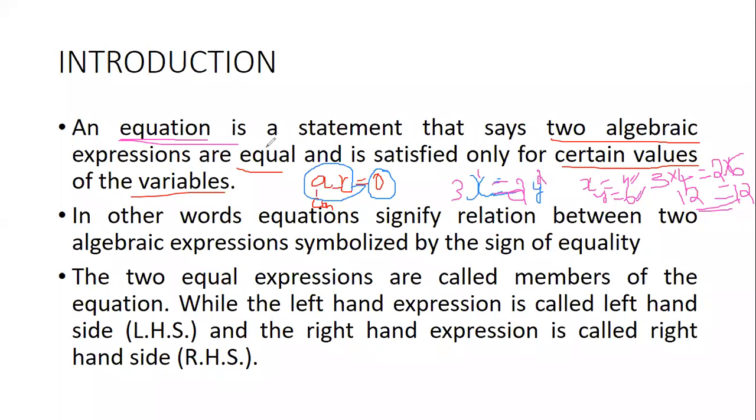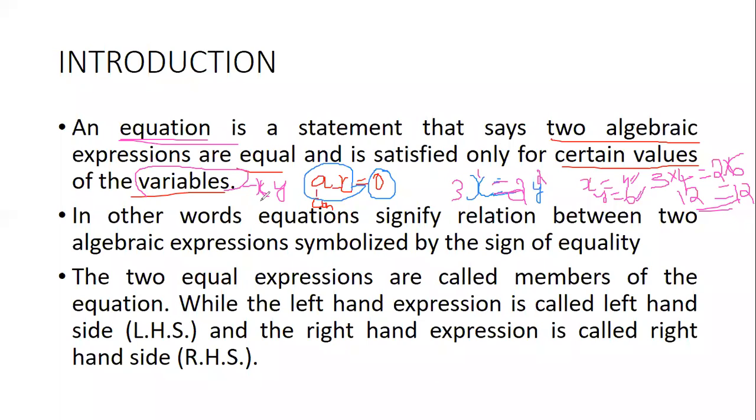So what we have to do is make sure that the equation is equal, and many times we are asked to find the value of the variables. Variables may be x or y or xy. So this is called an equation.